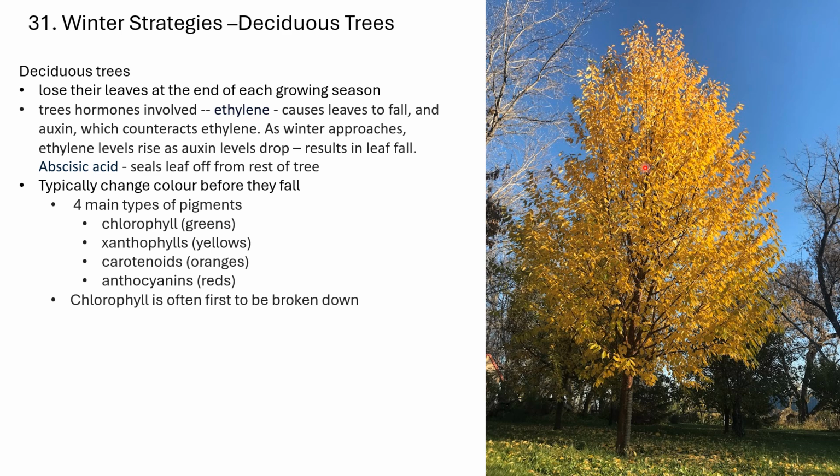But when the leaf starts to be cut off from the rest of the tree, chlorophyll is no longer being produced, and that molecule is often the first one to be broken down. Once the chlorophyll is gone, we can start to see these other pigments, these other colors, that turn this tree yellow, or other trees red, or some trees orange.